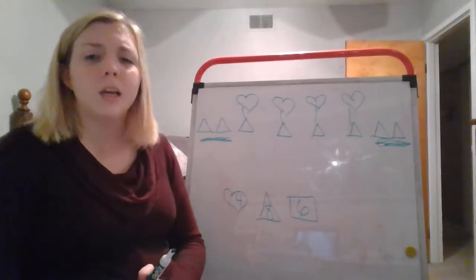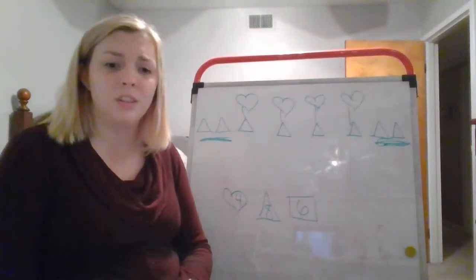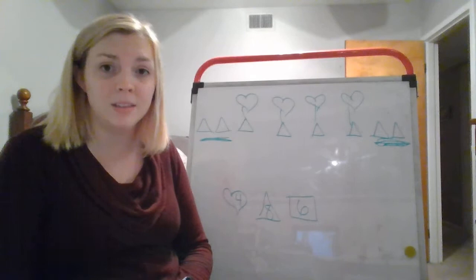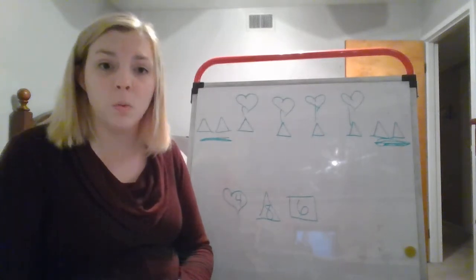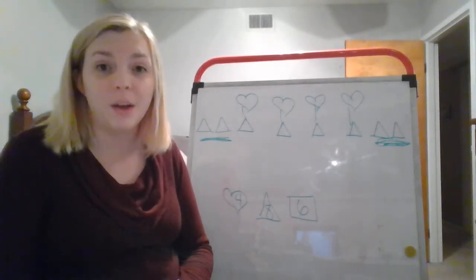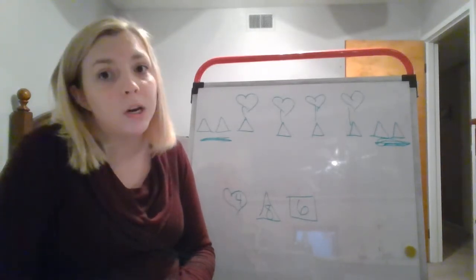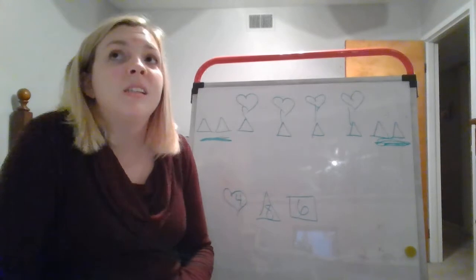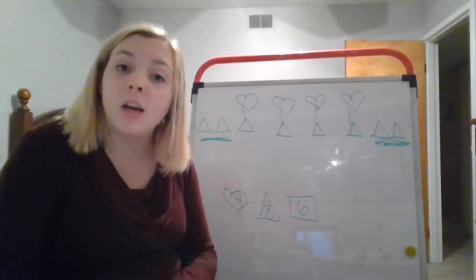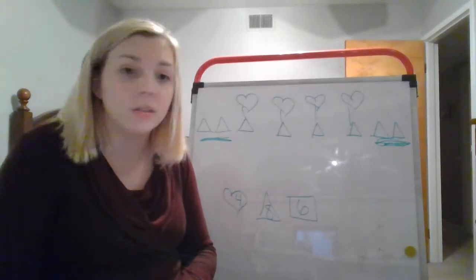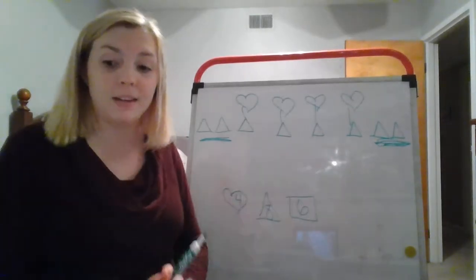Do you think you could draw an example to show what more means? I want you to get out your whiteboard and your whiteboard marker, and I want you to draw with your shapes something that shows more. You might draw 6 circles and 1 heart and say there are more circles, and you'll draw lines to show me that.